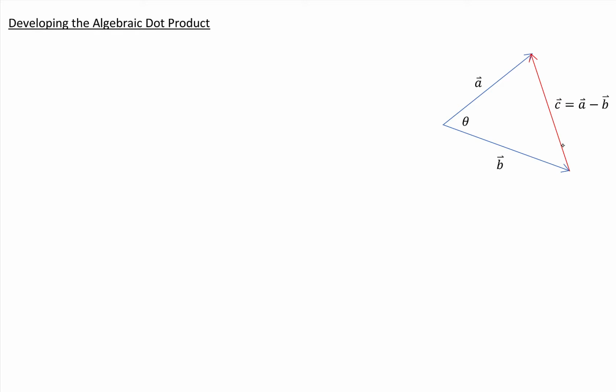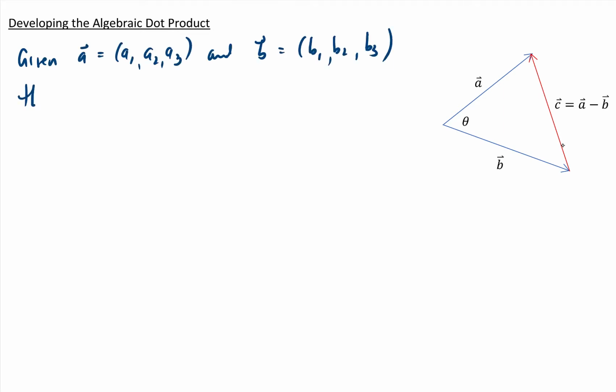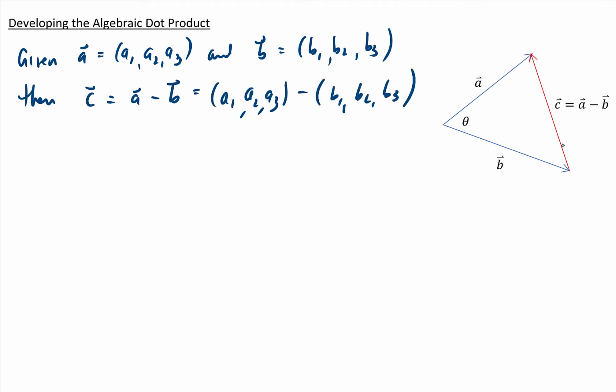So first of all, we're given that a equals a1, a2, a3, b equals b1, b2, b3, and c is equal to a minus b. If we subtract a minus b, we're left with a1 minus b1, a2 minus b2, and a3 minus b3.